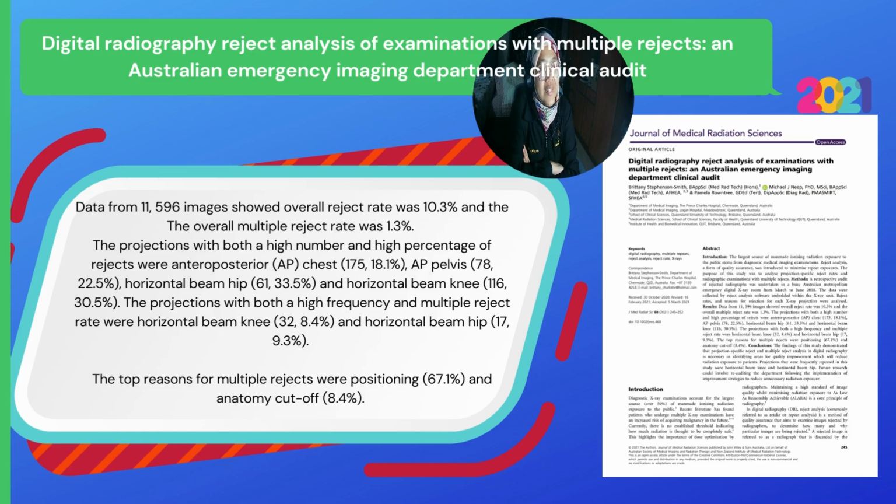So the top reason for multiple rejects was positioning. This study's result is the same as the previous study from the same year, in a different area, and anatomy cut-off was about 8.4%.